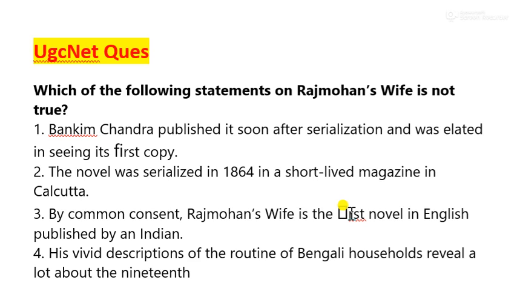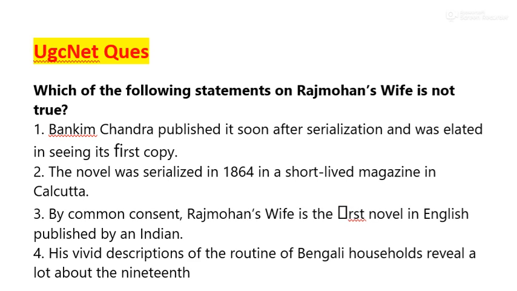He was not elated because this work wasn't famous, it wasn't a success early on, and even afterwards it wasn't that much of a success, so he was a bit disappointed as well. It appeared serially in the Indian journal, that is Indian Field, I told you, but it wasn't published as soon as it was completed.